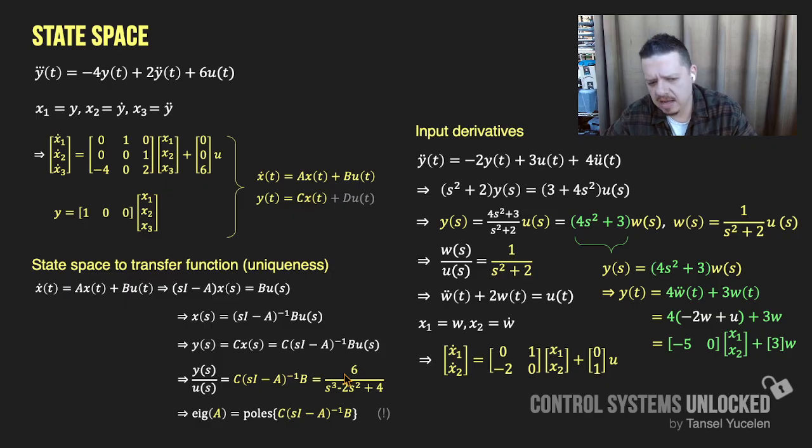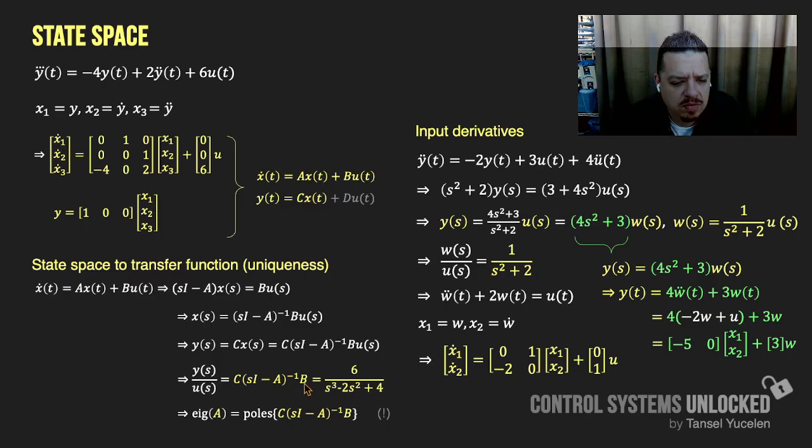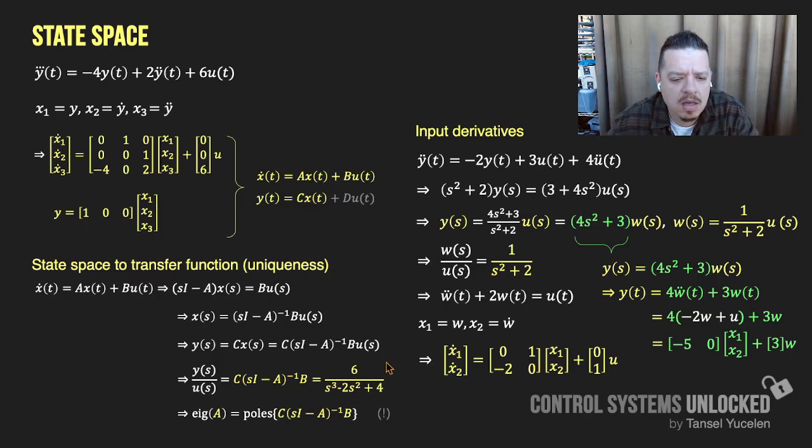It is not very important since most of the systems we deal with are controllable and observable, but still it's good to know that if this is not the case, the eigenvalues of A can be more than the poles of the transfer function. But again, under the controllable and observable assumption, the eigenvalues of A equal the poles of the transfer function. I think we should remember it like this.